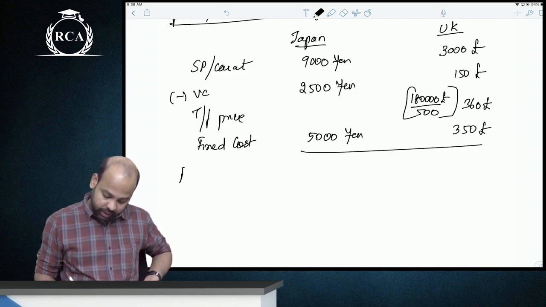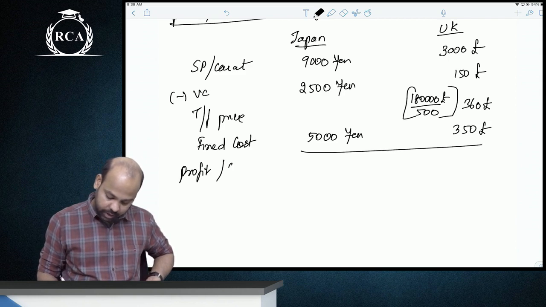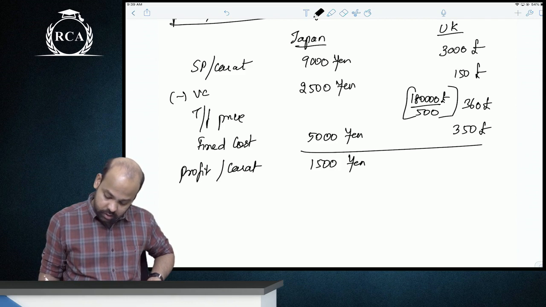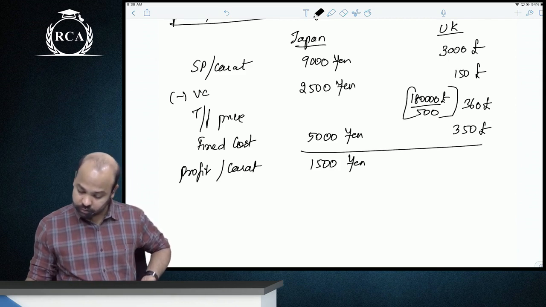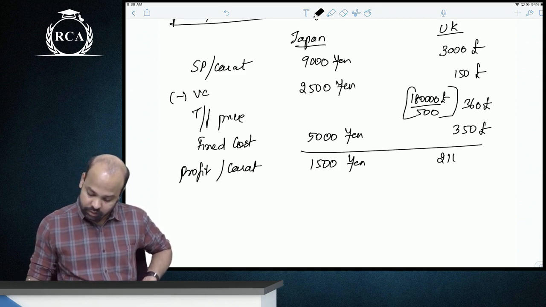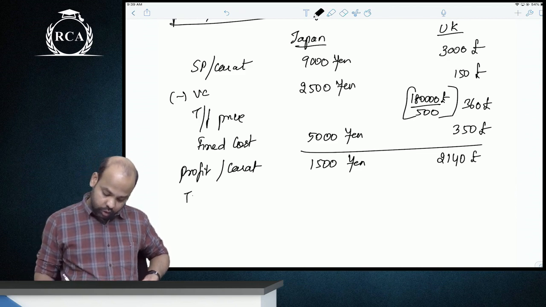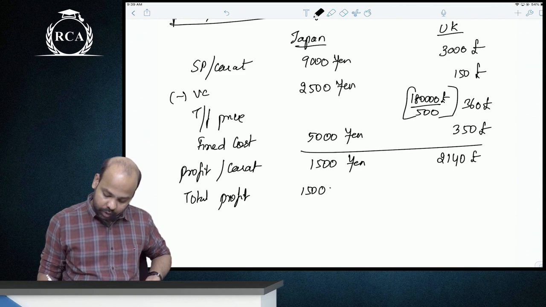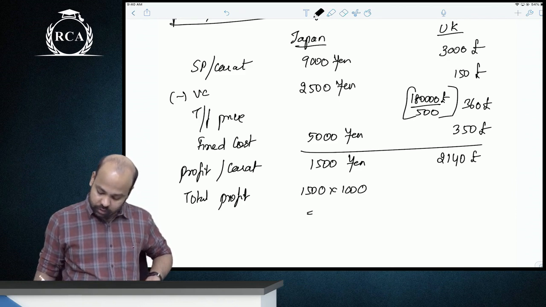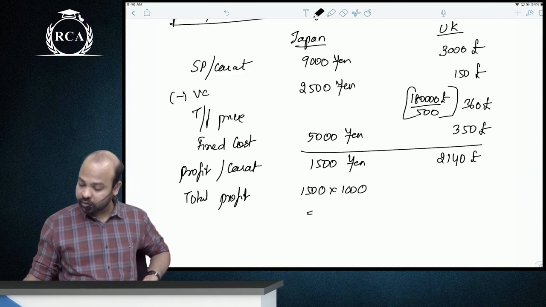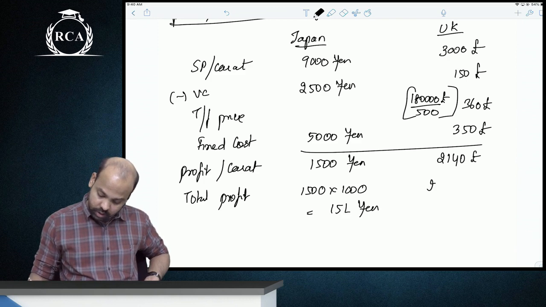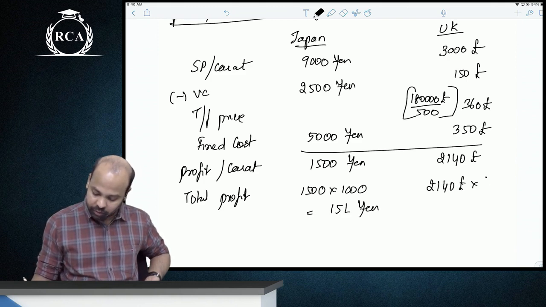So your profit per carat, guys, is 1,500 yen and 2,140 pounds. Total profit before tax, when you multiply by the output, into 1,000, is 15 lakhs. And here, guys, 2,140 pounds into 500.